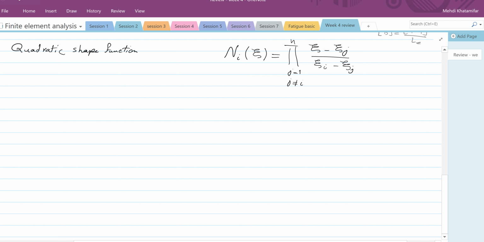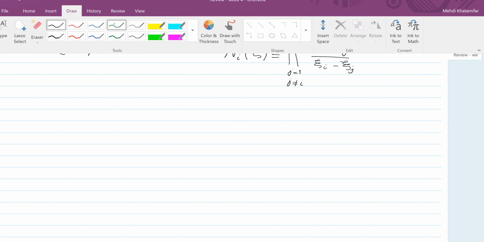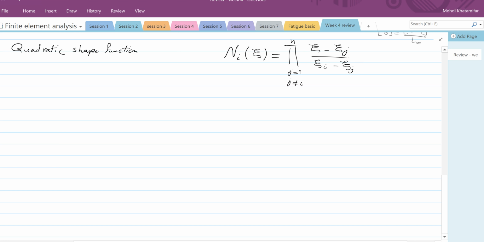And we practiced that one and we got these formulas for the quadratic one.